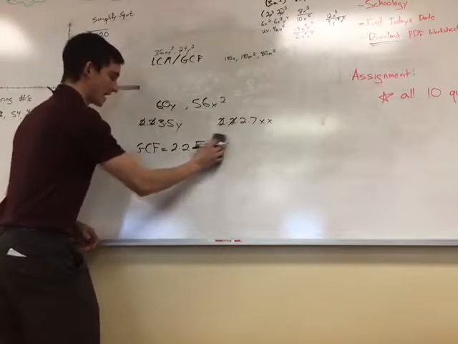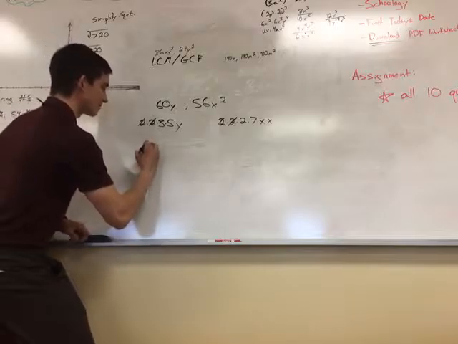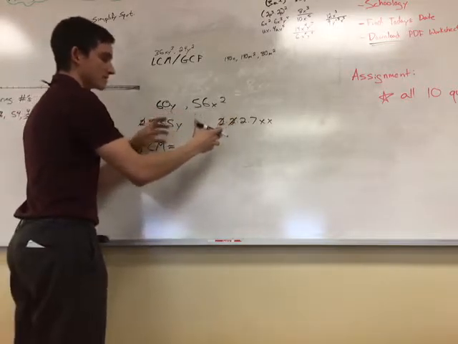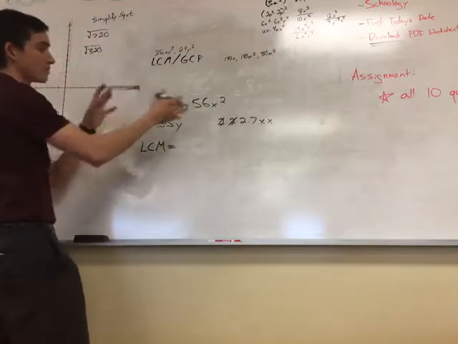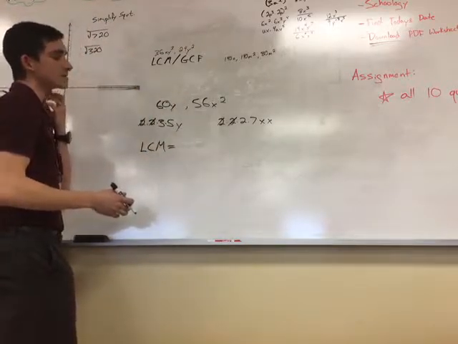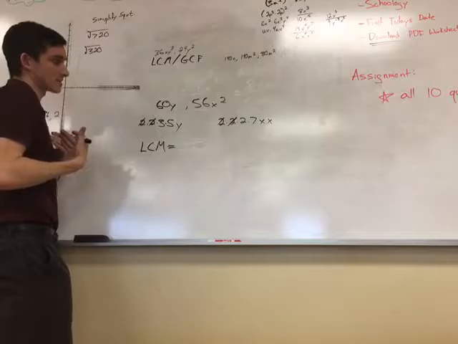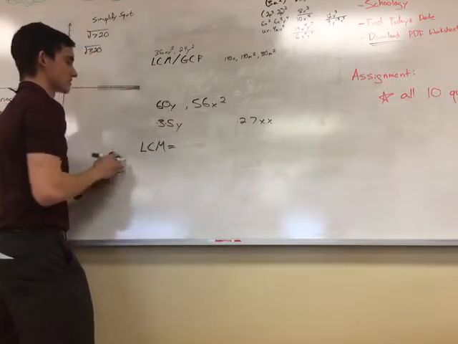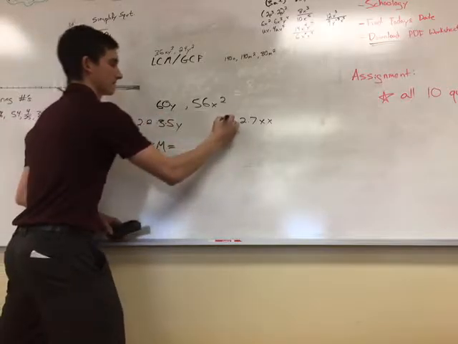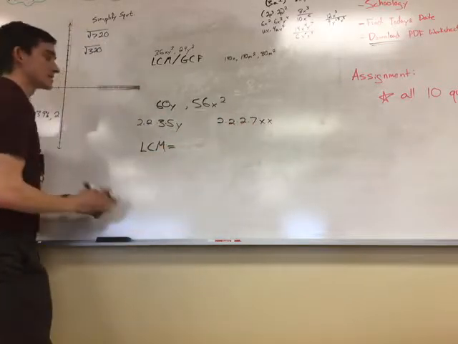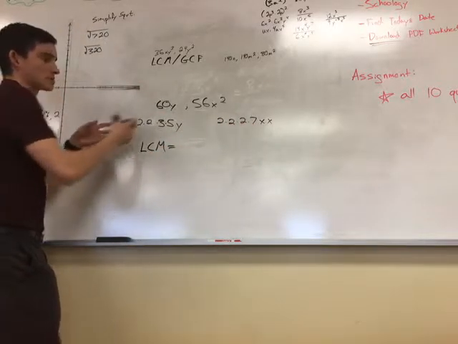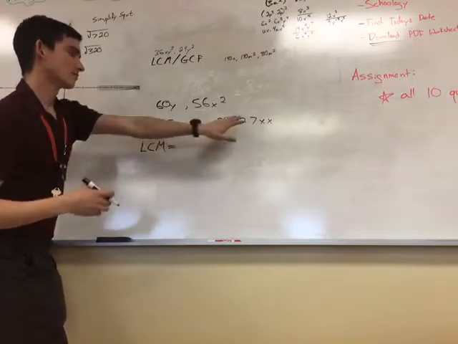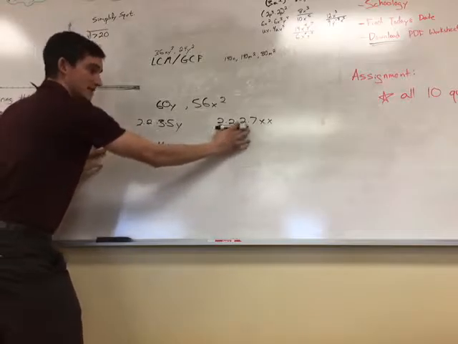Okay, my LCM, my least common multiple, is taking all the parts minimally that it takes to create both of these numbers. I think the LCM is a lot easier. So let me start over with this. This is 2 times 2 and this is 2 times 2. If I'm doing an LCM, I'm just looking for whichever one has the most of a single type of factor. Right here, they both have 2's, but this one has 3 2's.